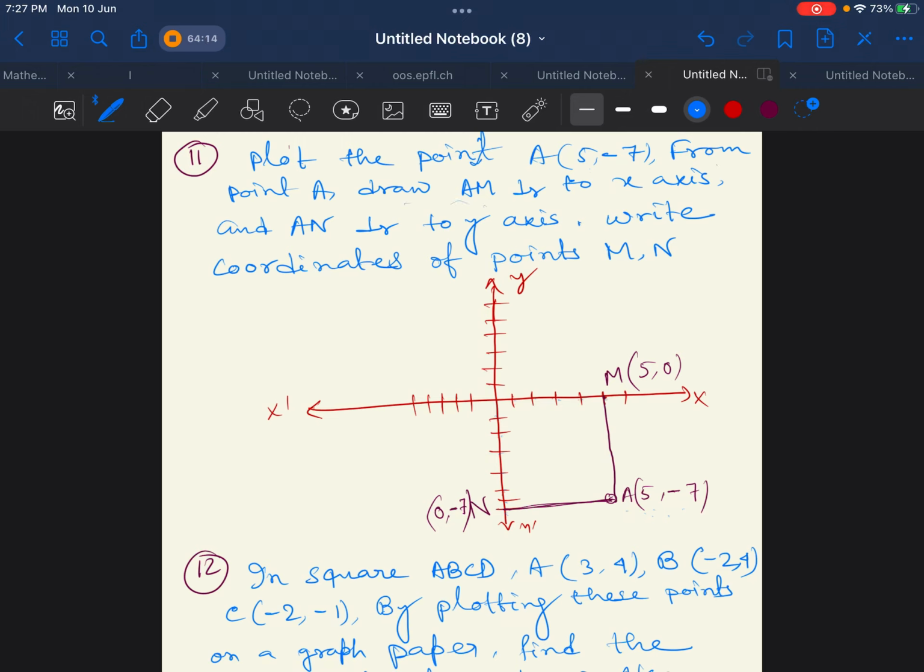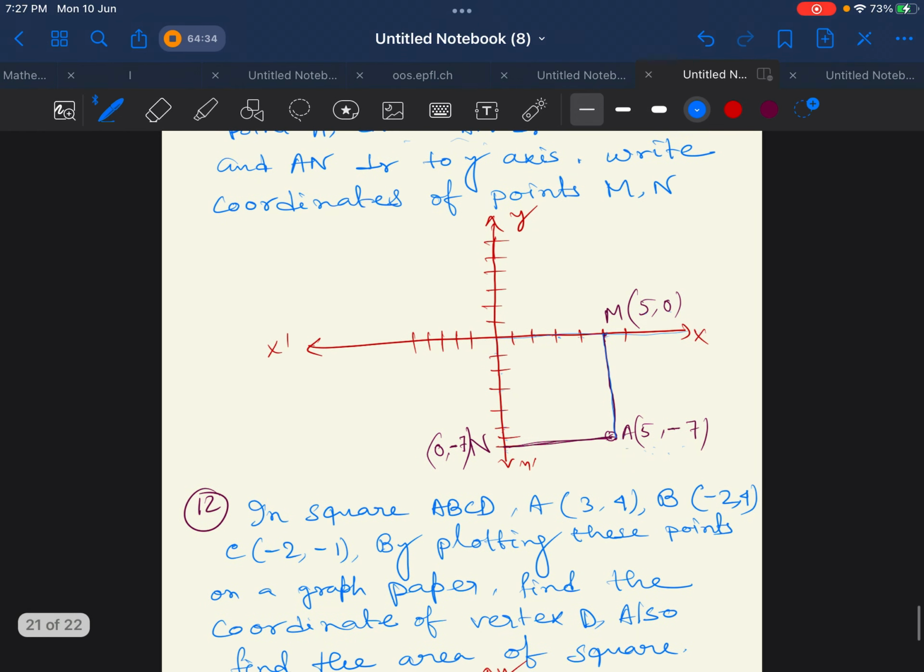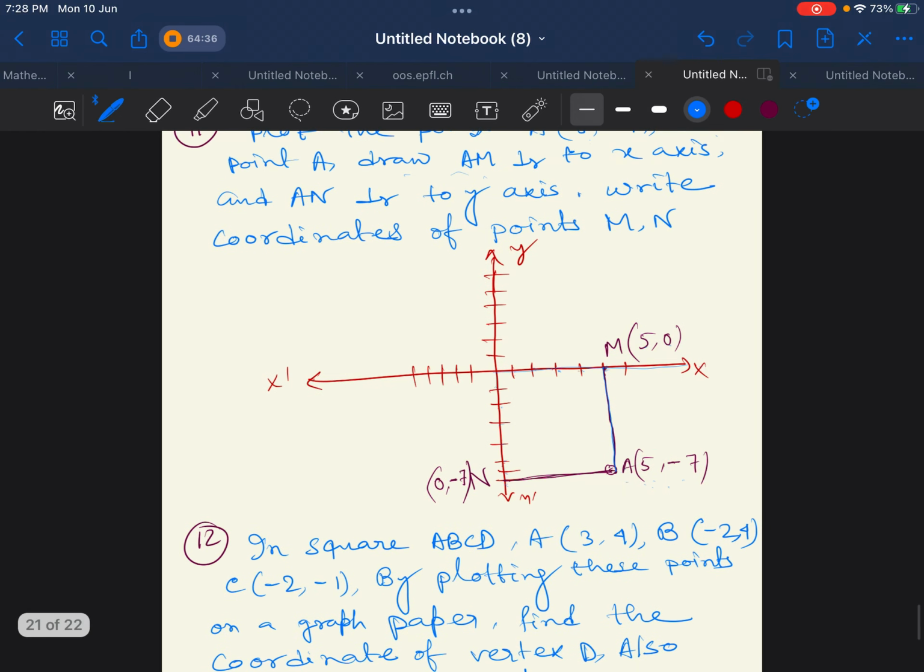Now we have to draw AM, which is perpendicular to x-axis. This is the line AM. On the axis, this point is 5, 0. Now we draw the perpendicular line AN.